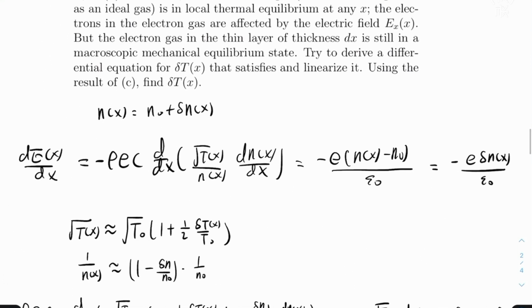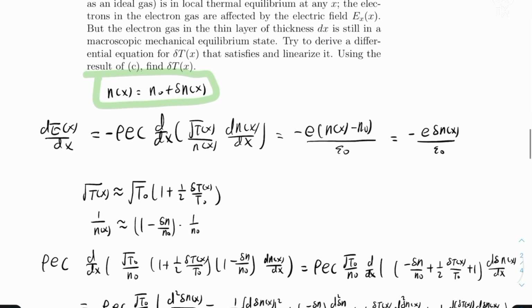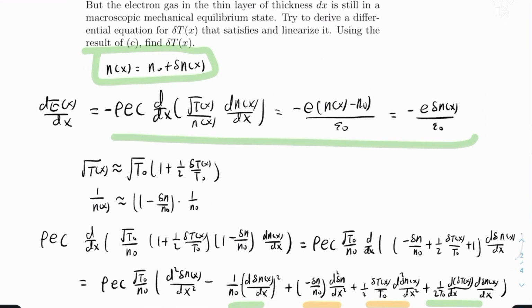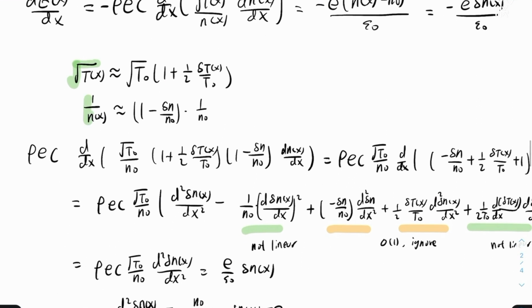So first, we will have the equation for n(x) to be n0 plus delta n(x), right? And then we just need to use the equation we found above and just put it here. And using Taylor expansion, we actually can see that the square root of T(x) is equal to square root of T0 times 1 plus 1/2 times delta T divided by T. And similarly, we can see that 1 over n is equal to this, right?